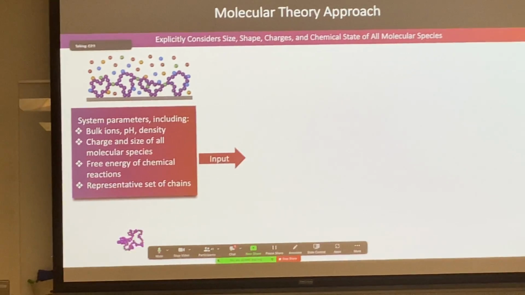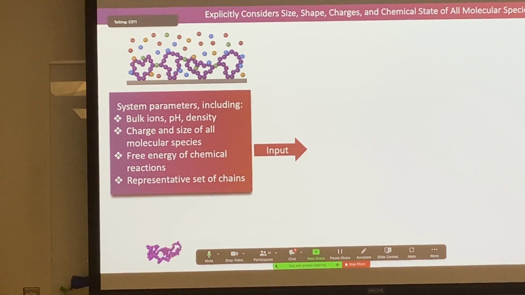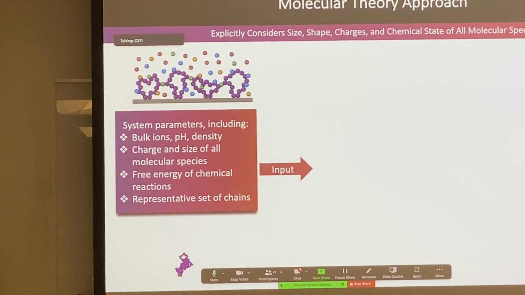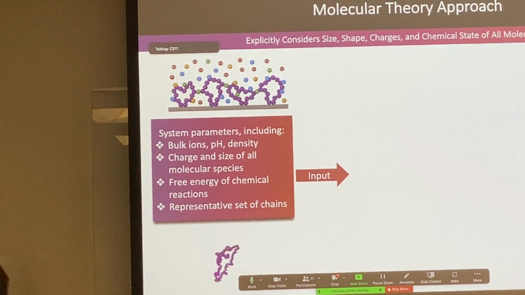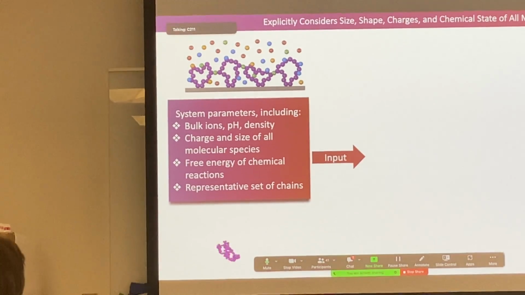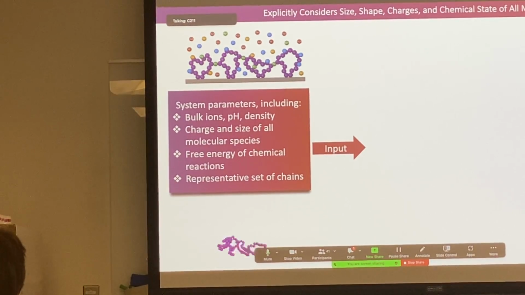So this approach involves inputting system parameters such as concentrations of ions, pH, and density of the system. In addition, the charge and size of all molecular species, the free energy of all chemical reactions that are explicitly considered, as well as a representative set of chains.